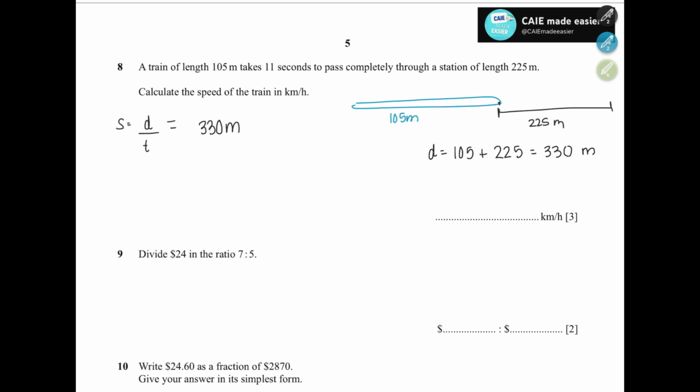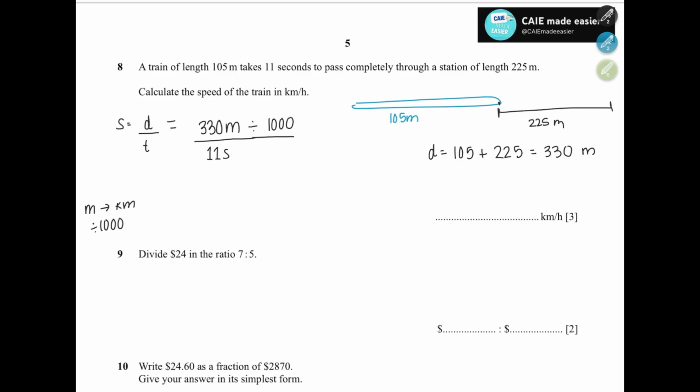So we can put this in our equation. 330 meters divided by time, it's 11 seconds. But they want us to find it in kilometers per hour. So let's convert this. To convert from meters to kilometers, small to big, we divide by 1000.